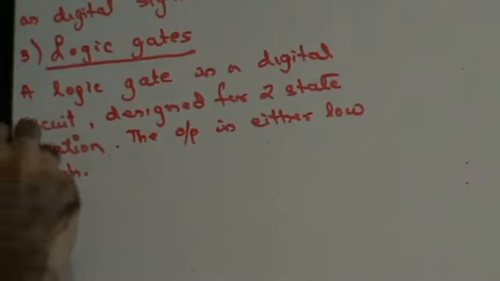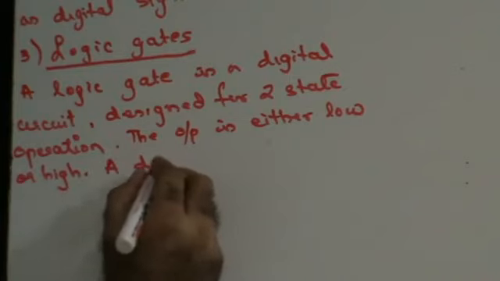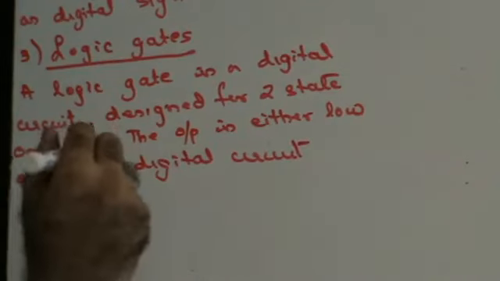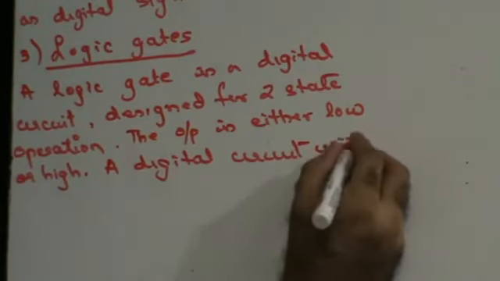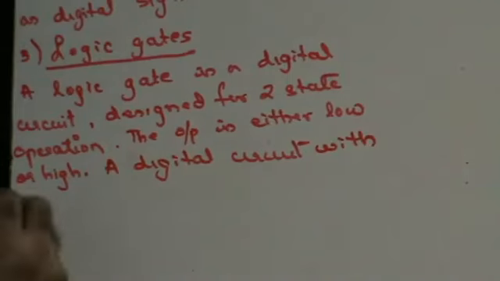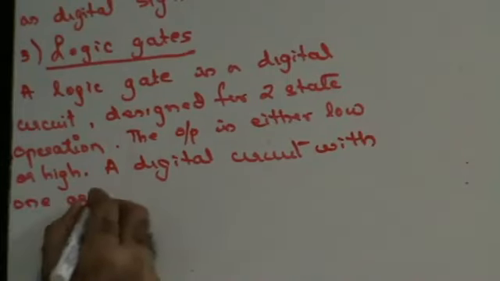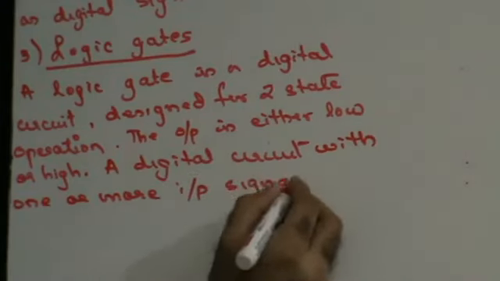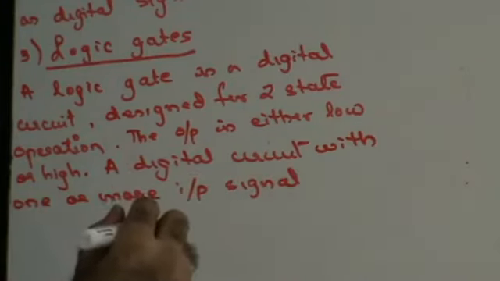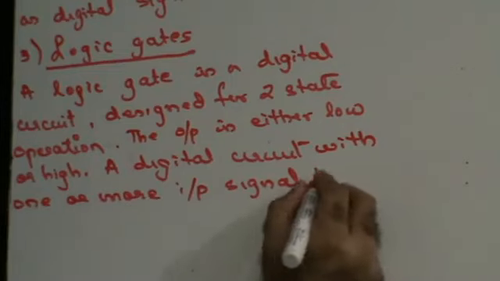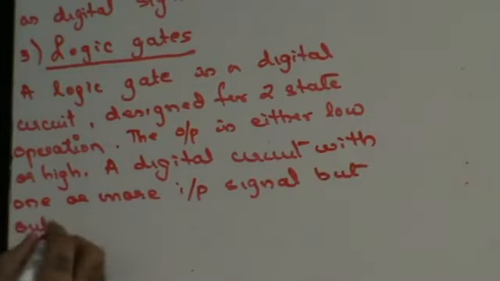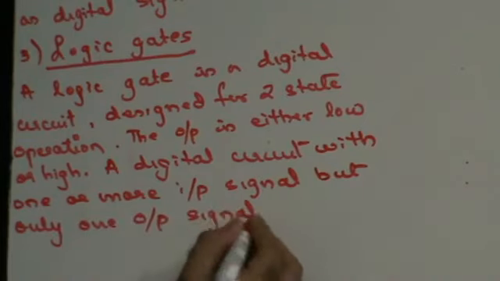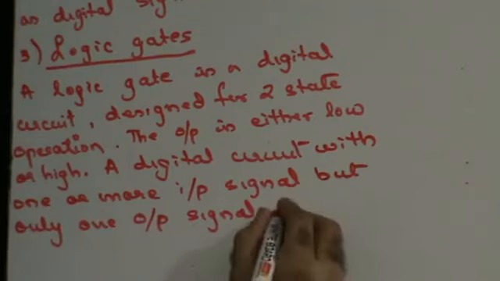Another way of defining this would be a digital circuit with one or more input signals but only one output signal is called a logic gate.